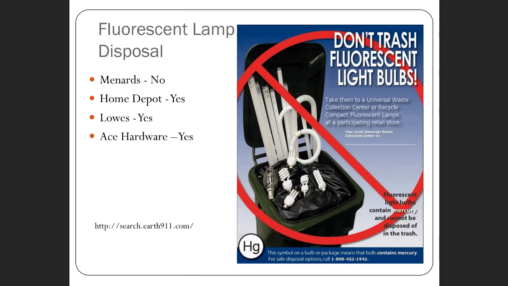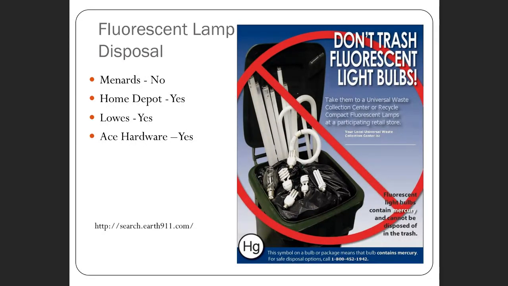Generally speaking, because that fluorescent light contains mercury, which is a hazardous material, we shouldn't be throwing our lamps into the regular trash. We should be taking them someplace that will accept those fluorescent light bulbs.